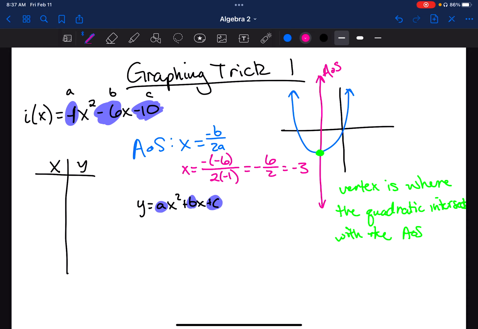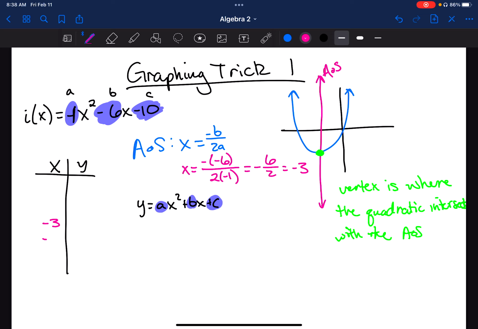So we don't have to do a bunch of work. We can just come right here and go, -3. And then we need 2 points above it and 2 points below it. And that's it. That's all we have to do. Now, as you're starting off, and maybe you're not ready to start thinking about this too far out, just do the values directly next to it.